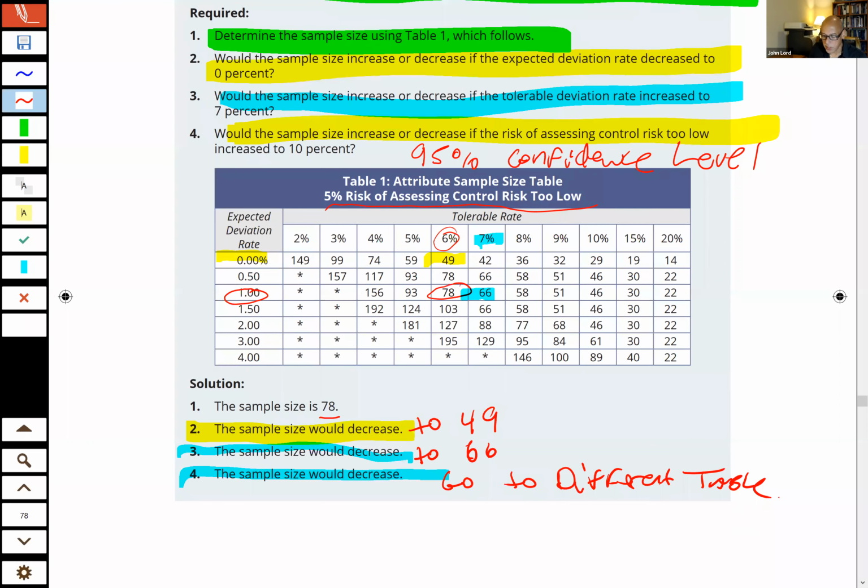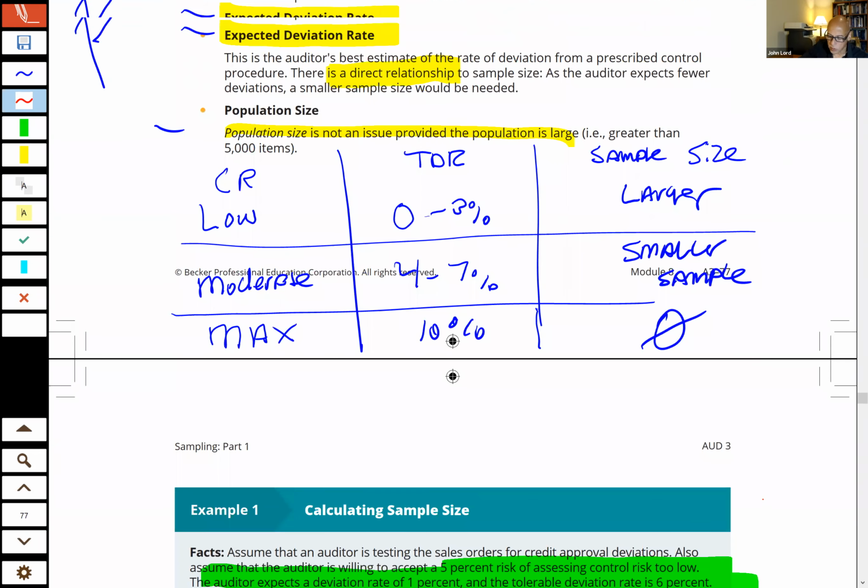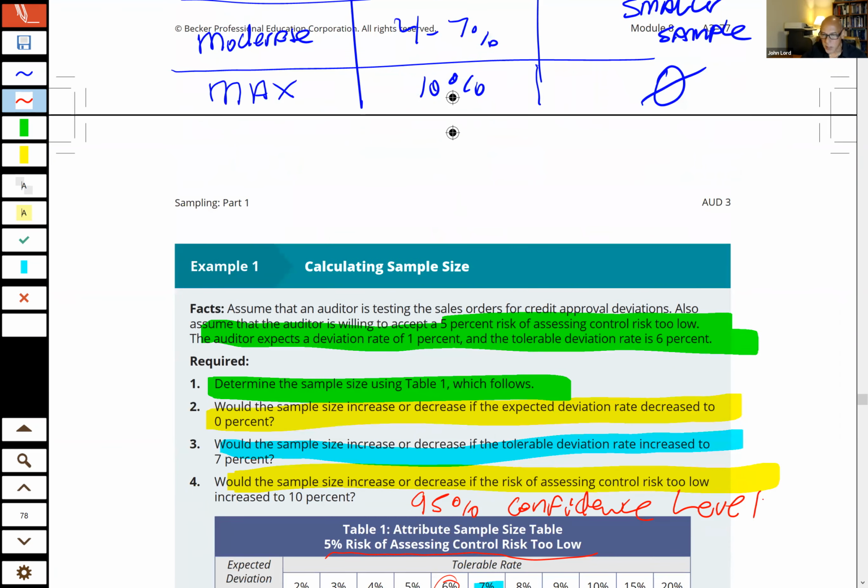Tolerable deviation rate says, how much deviation am I willing to accept from this control? And again, what I was trying to say with this little picture I had you draw is that it really relates to how low you're trying to get your control risk. The risk of assessing control risk too low is a swing and a miss.